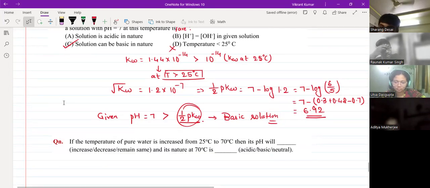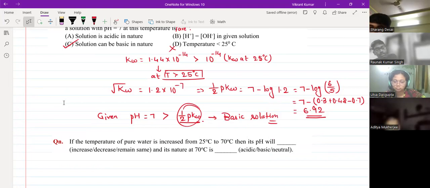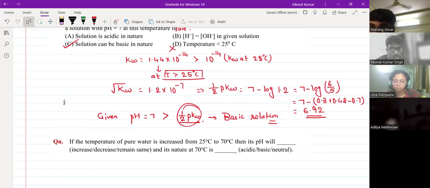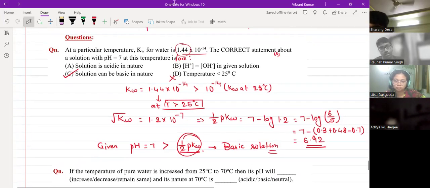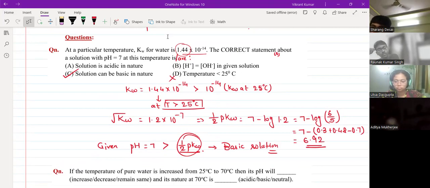This one. Okay. Okay, Ronak, Rishit, both have given me the answer.